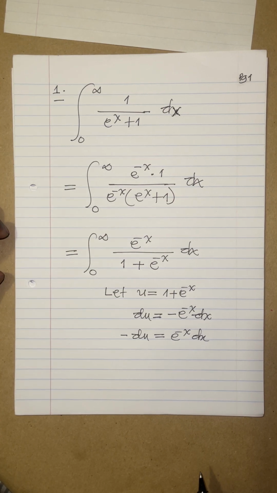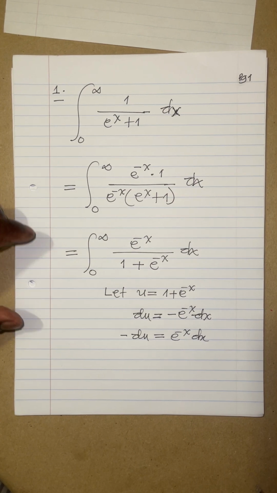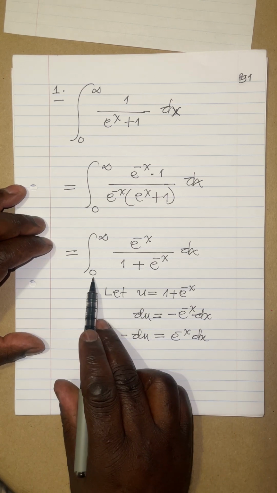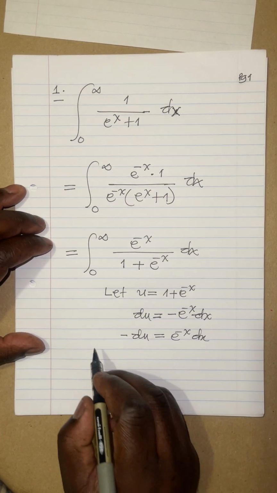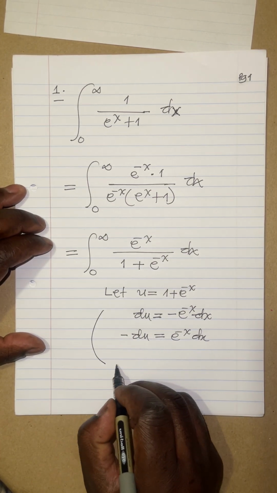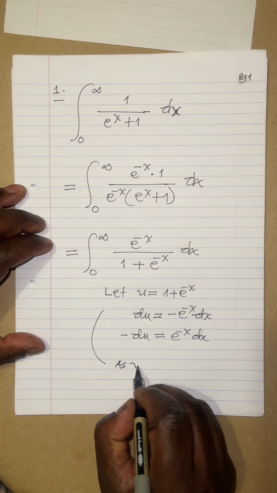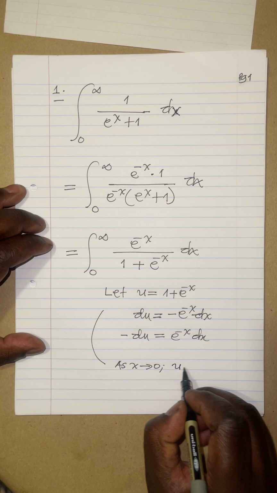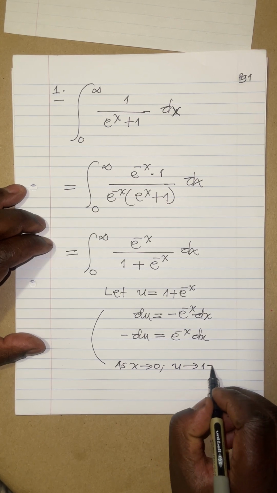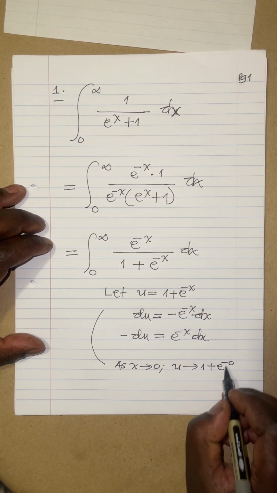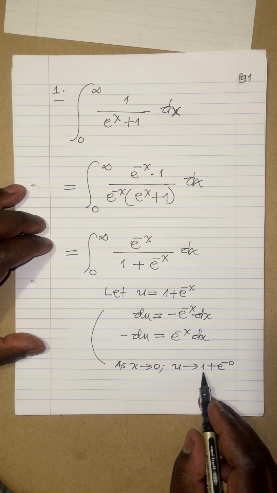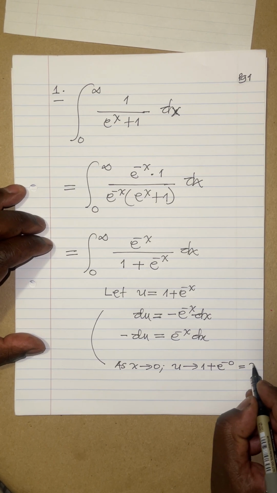But now let's work on the limits. So now we're going to say what happens to u as x approaches 0. Now, limits, we're going to say as x approaches 0, what does u approach? U approaches 1 plus e to the power minus 0, remember? And this is just e to the power 0, which is 1. 1 plus 1, the answer is 2.